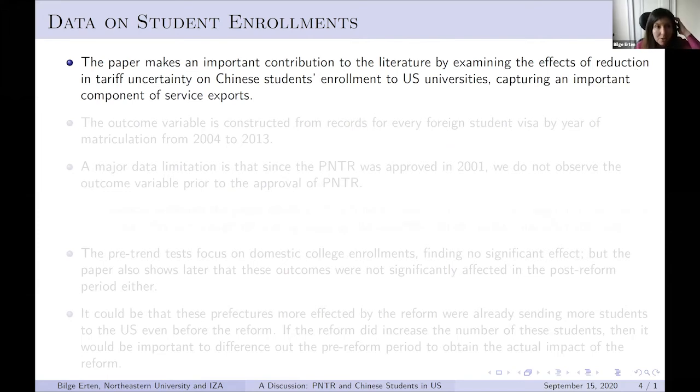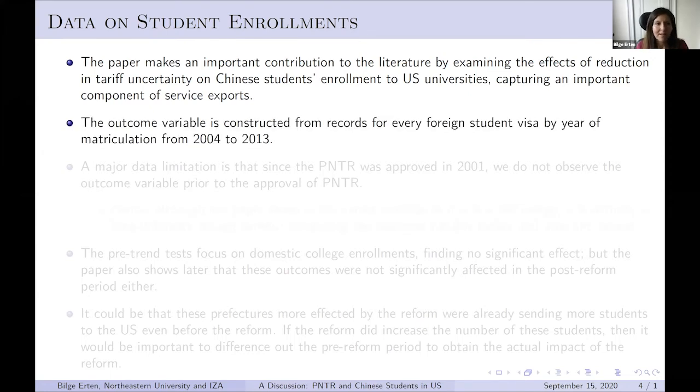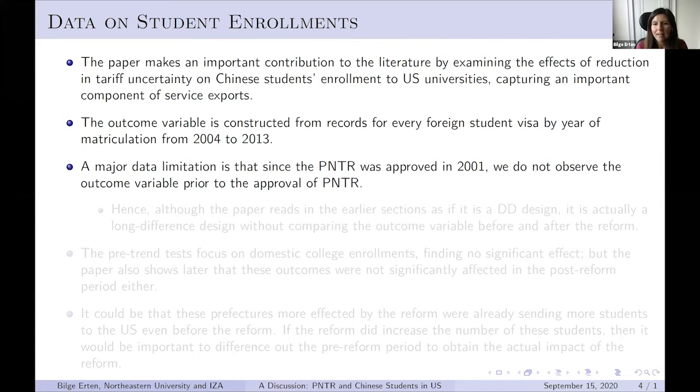if I want to highlight a few, and these are just suggestive, they're not major issues, but I think one issue is that the data starts in 2004. So what that means is that there's actually no data prior to the implementation of the PNTR.